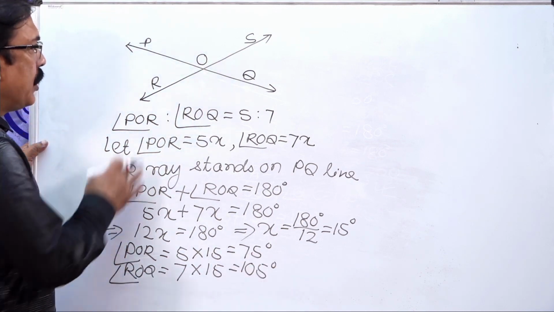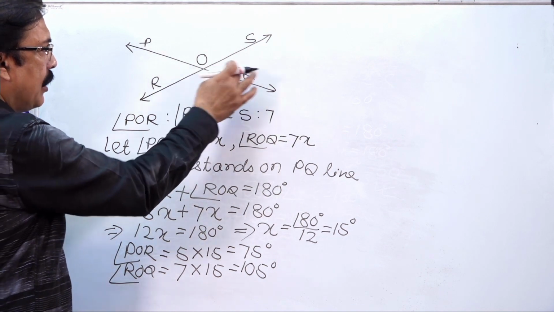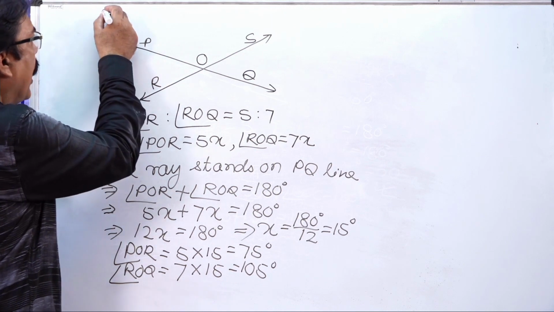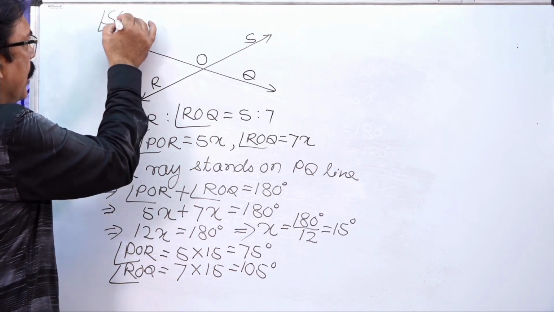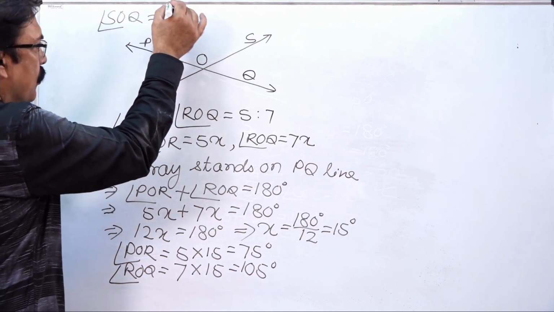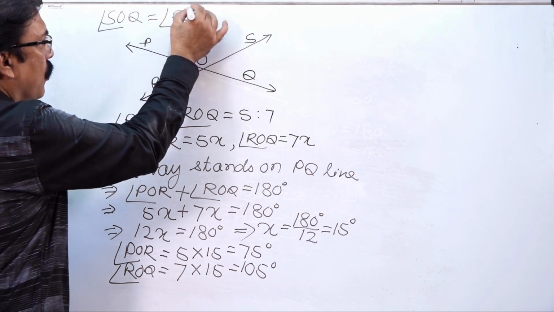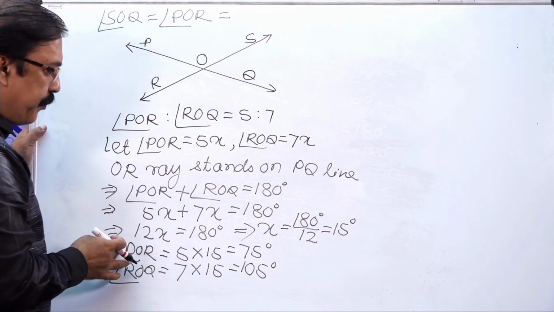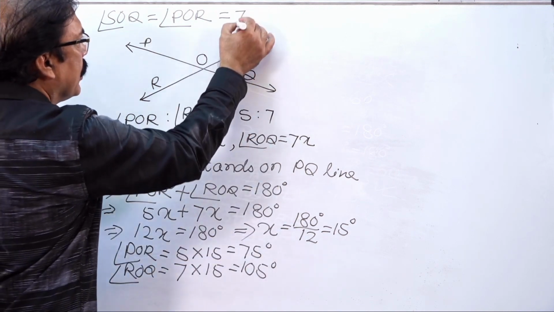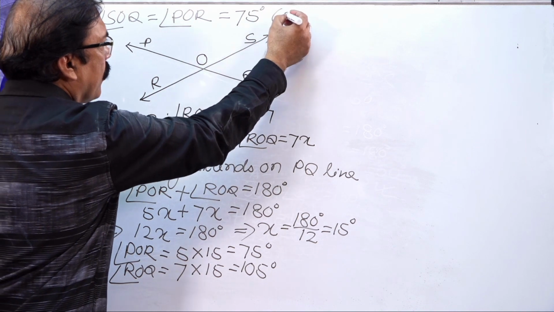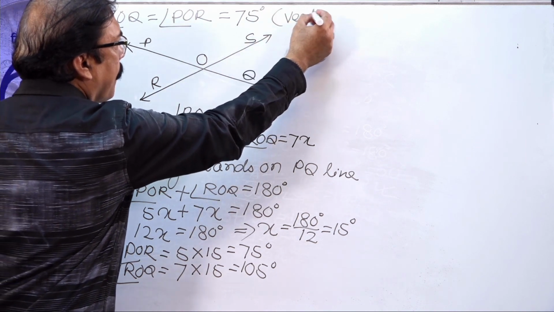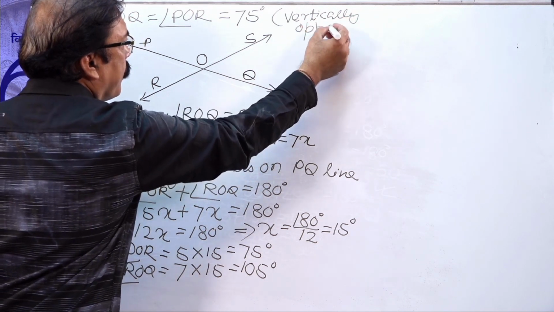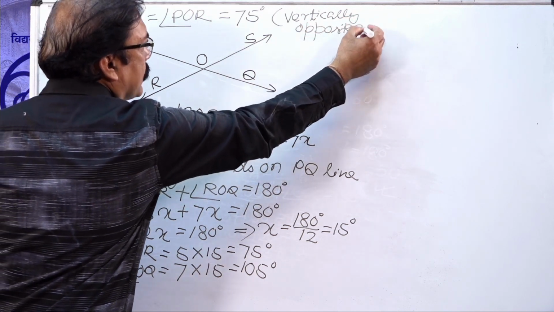Now POR and SOQ are vertically opposite. So we can write angle SOQ is equal to angle POR is equal to, what is the value of POR? 75 degrees. We can write here vertically opposite angles.